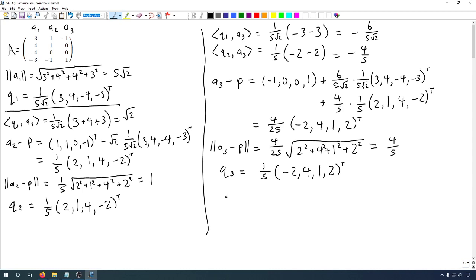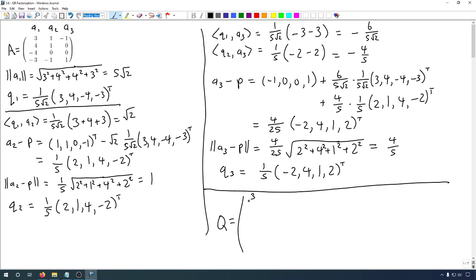And let's look at a matrix made up of these vectors. I'm just going to put a line there. I'm going to make a matrix capital Q, where my columns are going to be these three column vectors. So I'm going to have to multiply through by the numbers out in front, unfortunately.